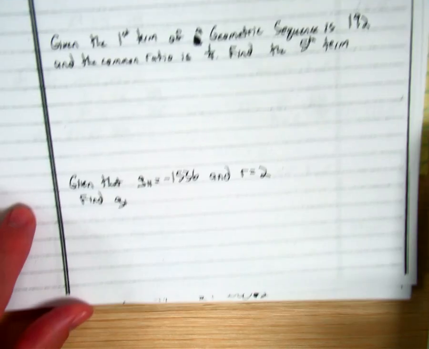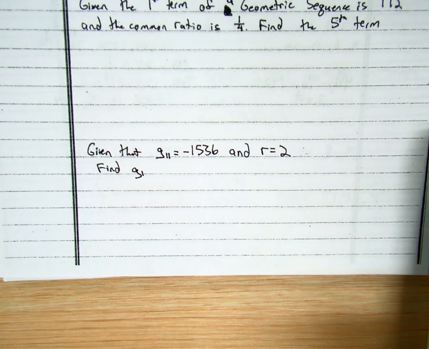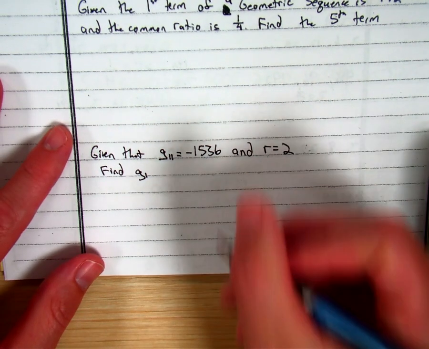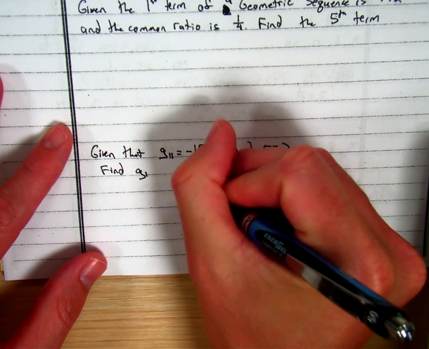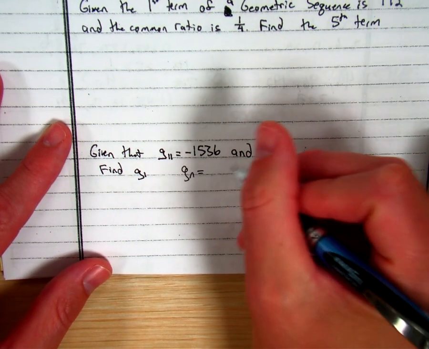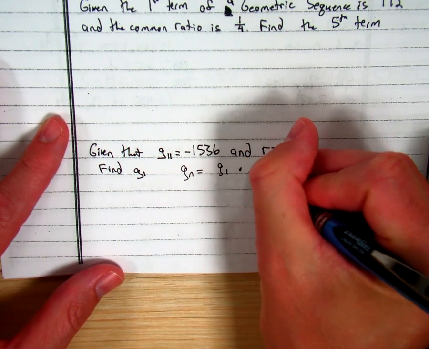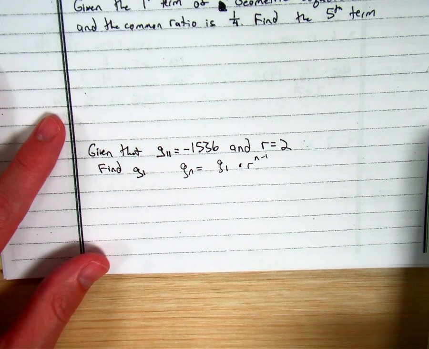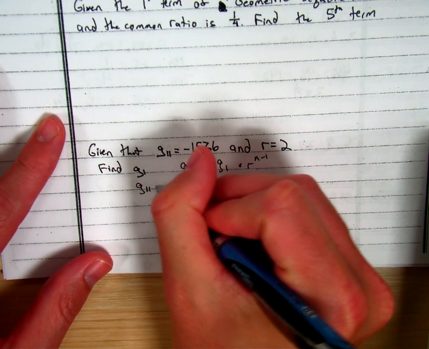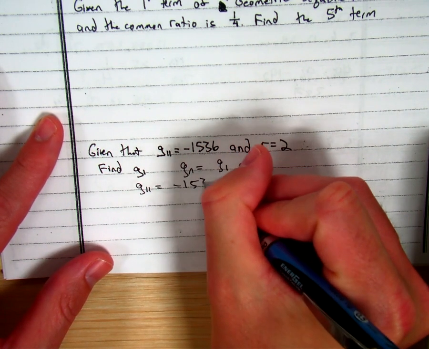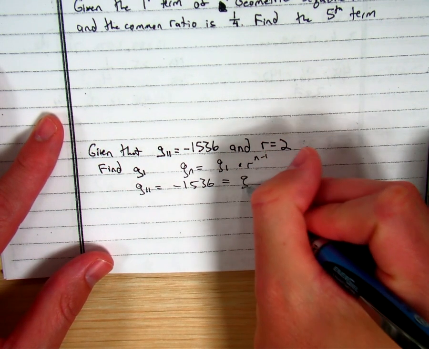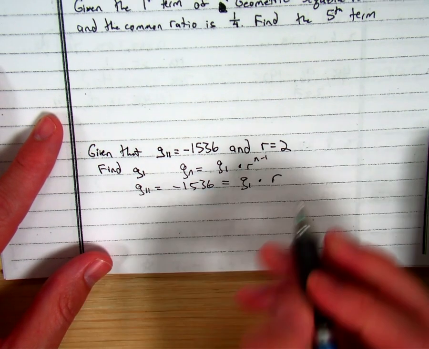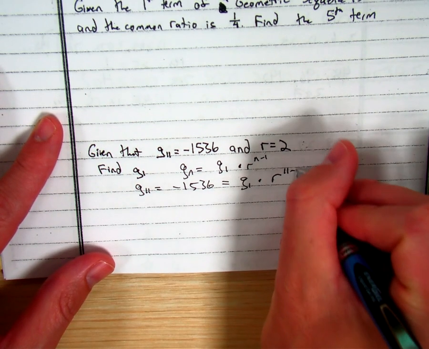And our last one, given that G11 equals this and R was 2, find G1. Again, our general formula is Gn equals G1 times R to the n minus 1 power. We know G11. That's going to equal G1 times our R value, 2, and with the 11th term, that's 11 minus 1.